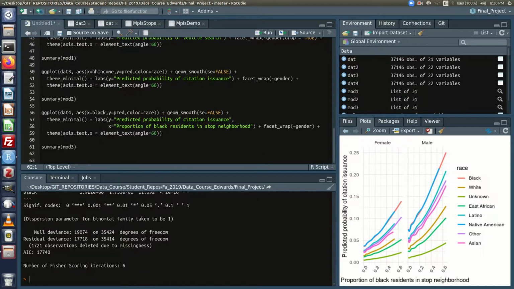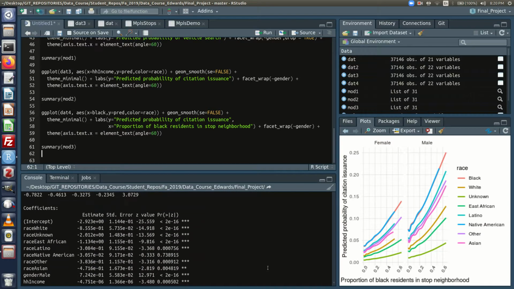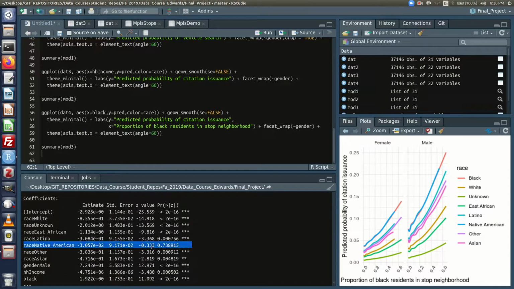Now, the model summary. What's not significant? Native American. Yeah, so those are overlapping. And the rest are significantly different.